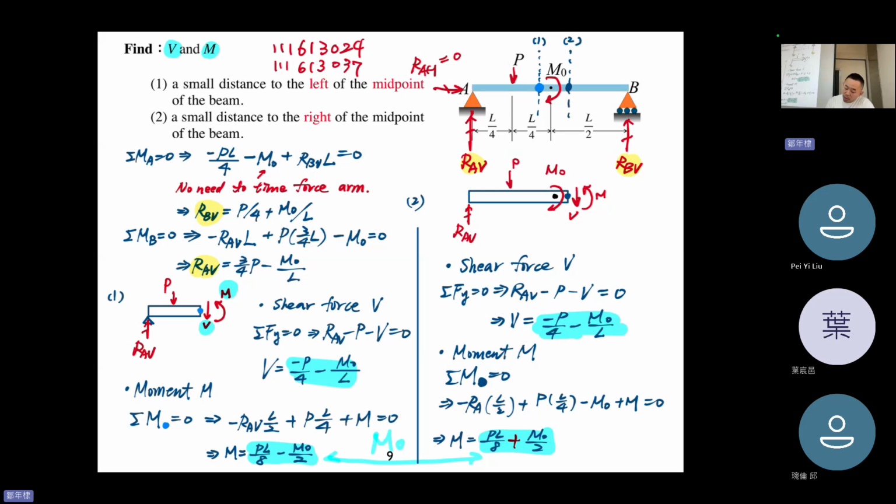So your moment will become counterclockwise here. And of course, it will make it smile, right? Smile curve. So you see that your clockwise applied moment will make the moment in the material become positive, more positive. Okay, so of course the value will be the external moment value.